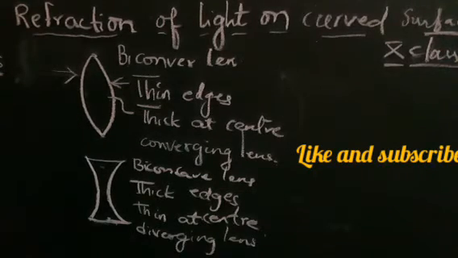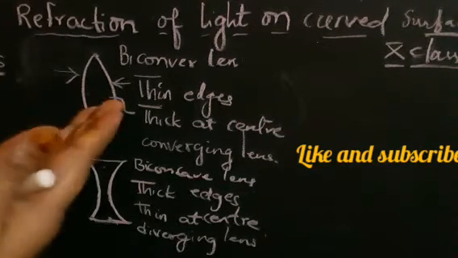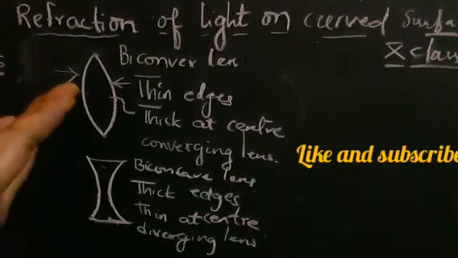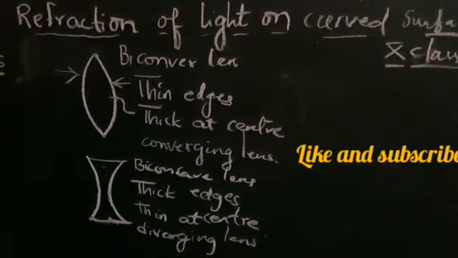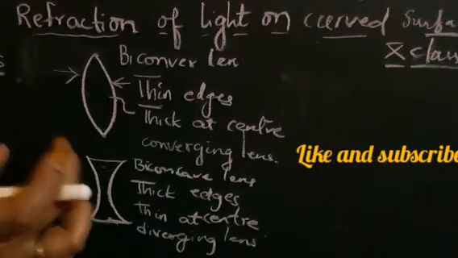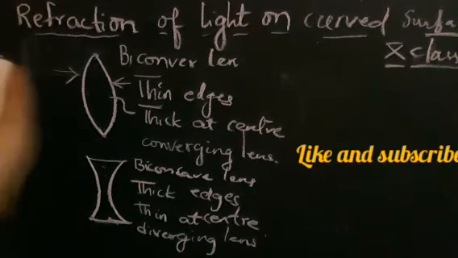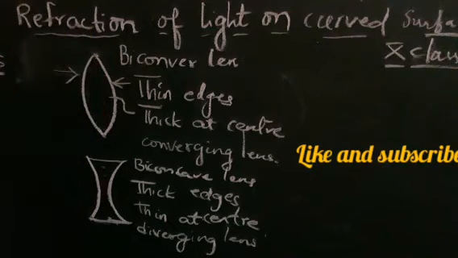So on both sides the rays are getting refracted. We will see how to draw the ray diagram when rays fall on both sides. Remember that reflection mostly takes place in mirrors and refraction usually takes place in lenses.